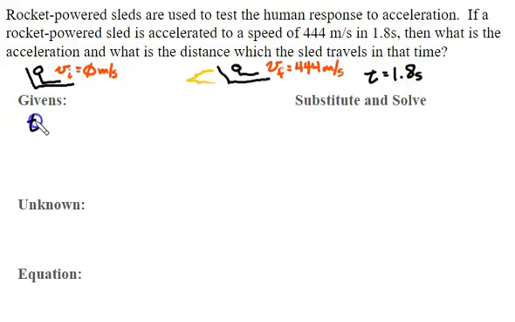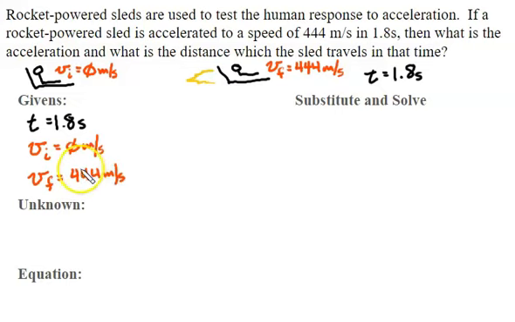So I know time equals 1.8 seconds. I know that velocity initial is 0. And I know that velocity final is 444 meters per second.